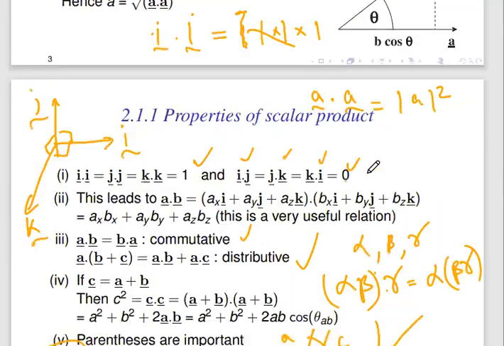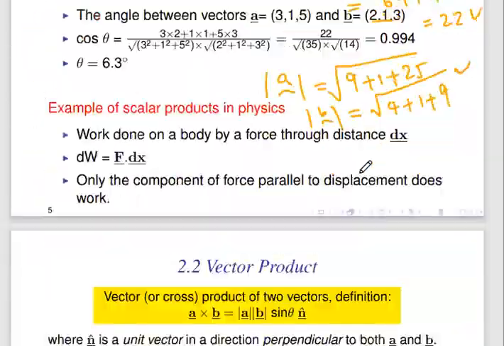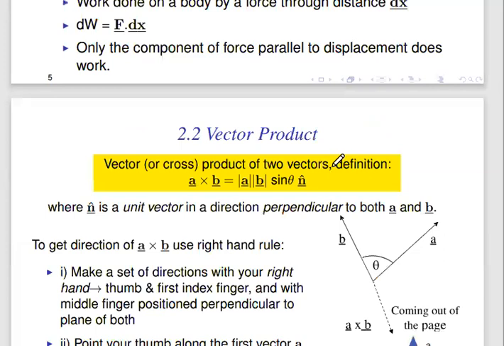But this time, this is another operation. Let's say V is my set of all vectors. So cross product, right?